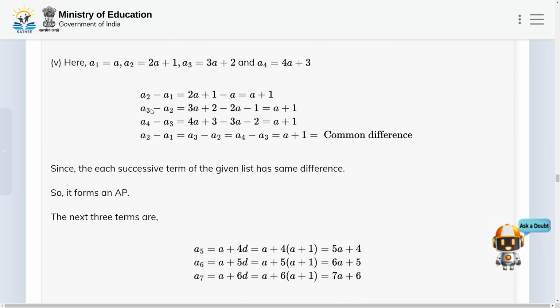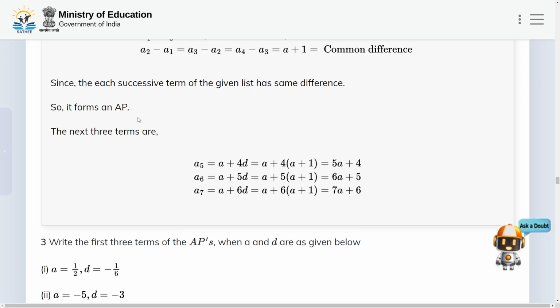So a2 minus a1 is equal to 2a plus 1 minus a, this is equal to a plus 1. a3 minus a2 is equal to 3a plus 2 minus 2a minus 1, this is equal to a plus 1, and you will get that all the differences of successive terms are equal. Since each successive term of the given list has the same difference, it forms an AP.